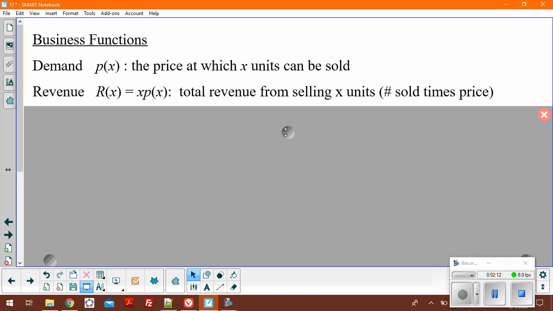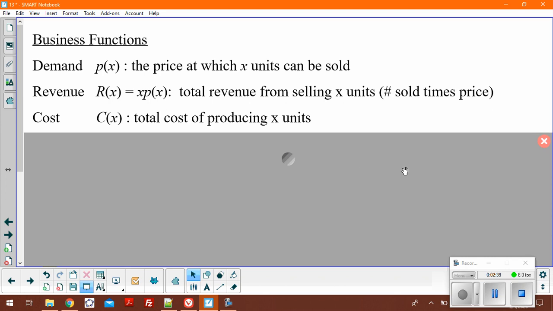That means my revenue function, the amount of money I take in, is x times p of x. Here x represents how many items are being sold, so it's the number I sell multiplied by the price that I can sell them at. Number sold times price gives you the total revenue of selling all those items.